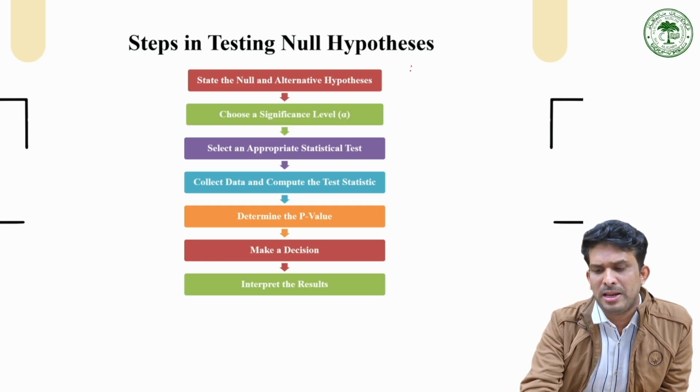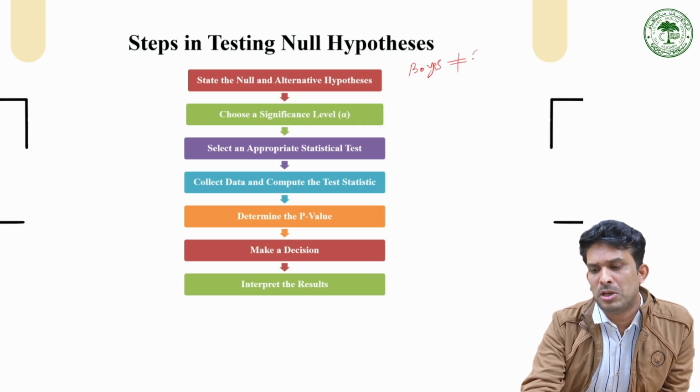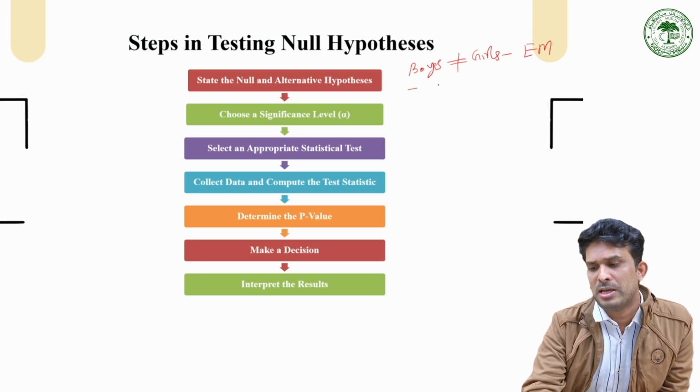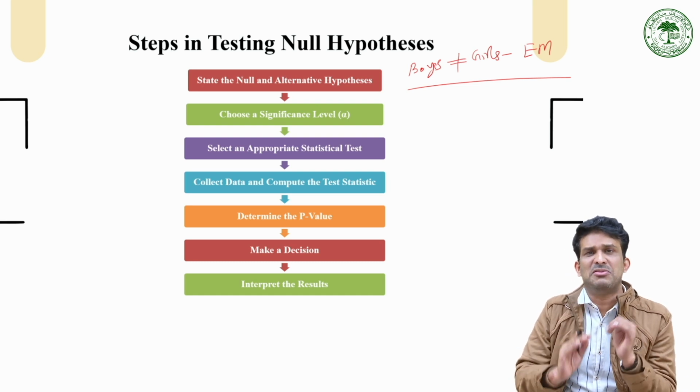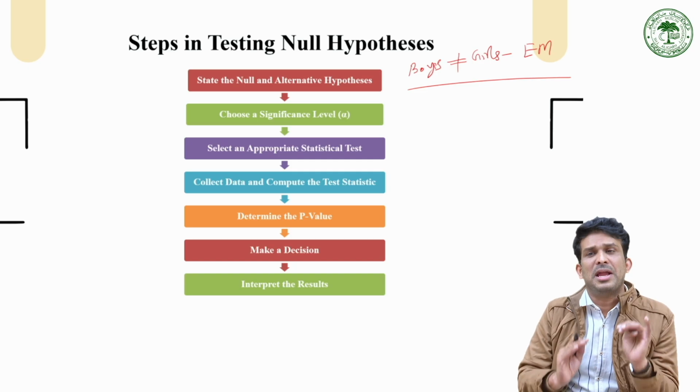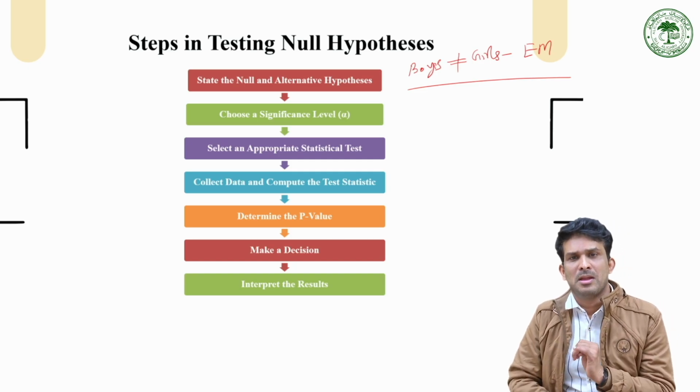So I am writing: boys are not equal to girls in their emotional maturity. This is my alternate hypothesis. Boys are not equal to girls, that is, there is a difference between boys and girls in their emotional maturity.